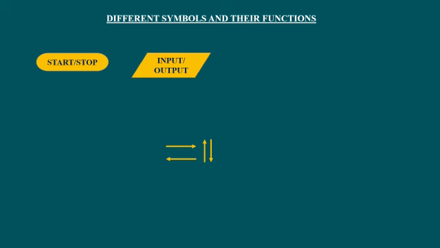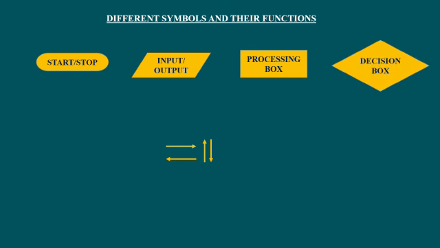It is used for accepting inputs or giving outputs of the program. Processing box. It is used for writing the processing instructions and doing calculations. Decision or condition box. It is used for checking or applying any condition in the program.